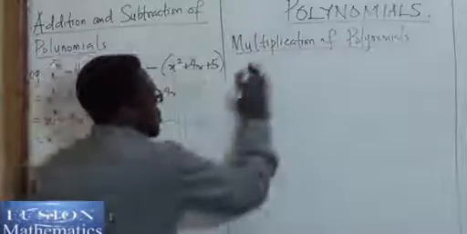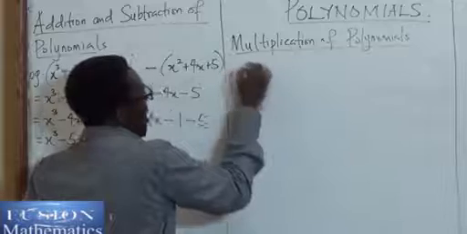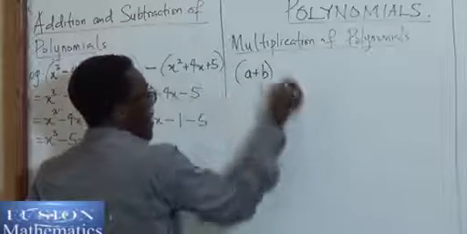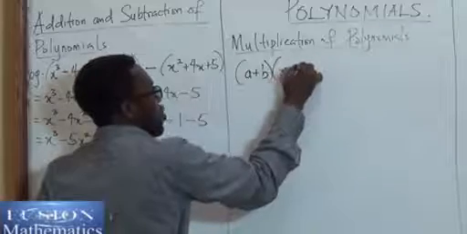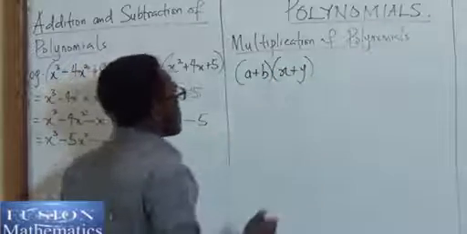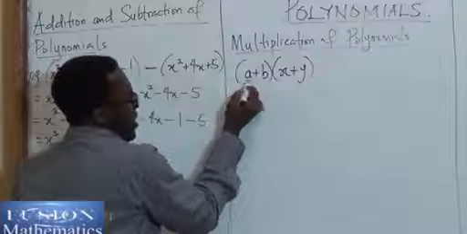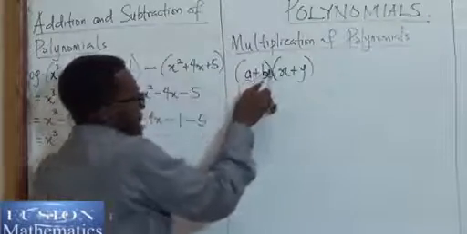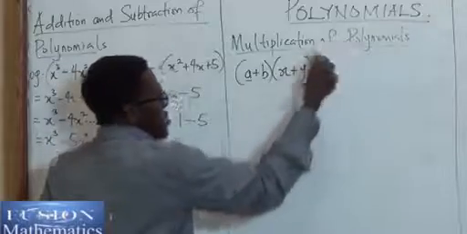Let's use an example. It will be clearer there. So we have bracket a plus b multiplying x plus y. We take one of the elements, multiply it by all of this, plus this element, b, and multiply. Let's see what we mean.